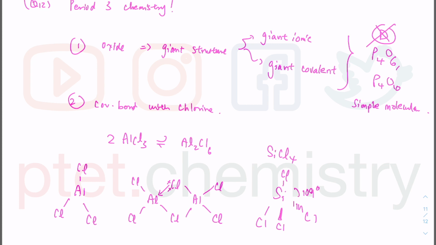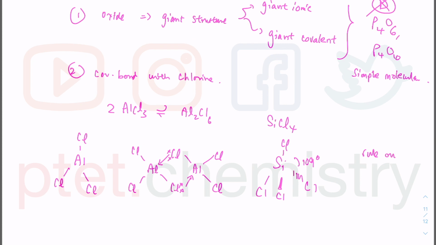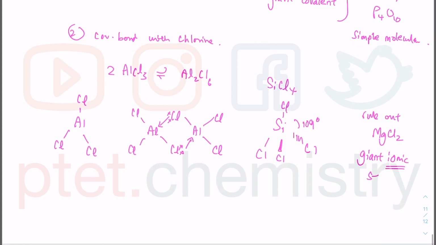So two of them are dative covalent bonds. They are like inverse partners, this donating to this and this donating to that. And that obviously rules out magnesium chloride, which is a giant ionic structure. So that is going to be ionic and not covalent, which means it cannot be option A.